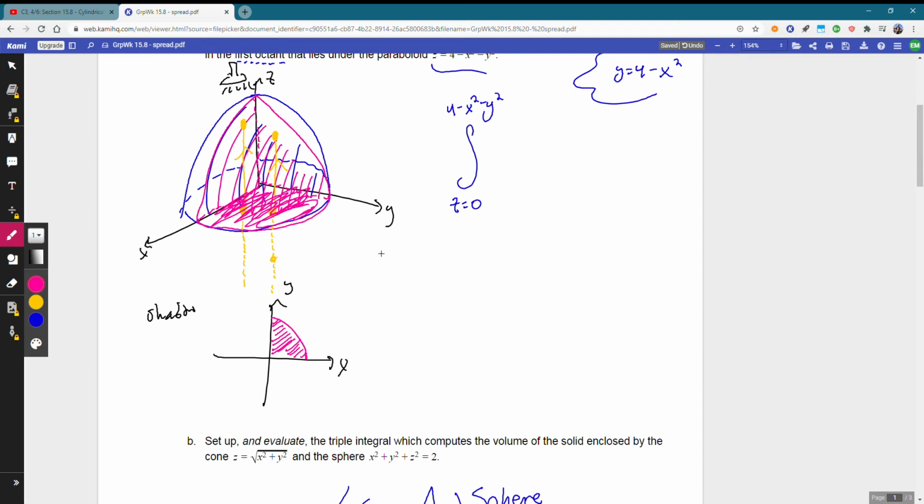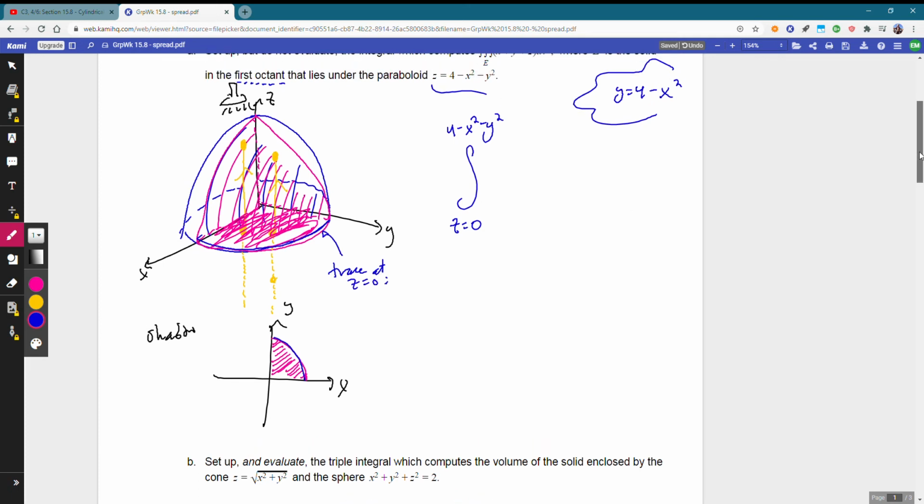And so from this, we can see that this outer edge is going to come from where our paraboloid intersects the xy plane, i.e. it's going to come from the trace at z equals 0. So if we want to figure out the trace of our paraboloid there, substitute z equals 0.